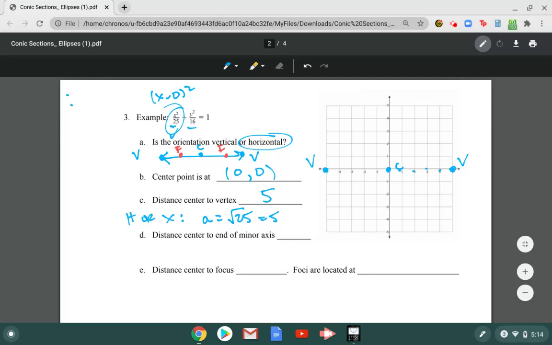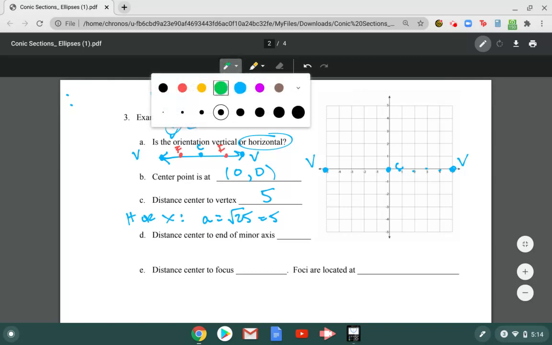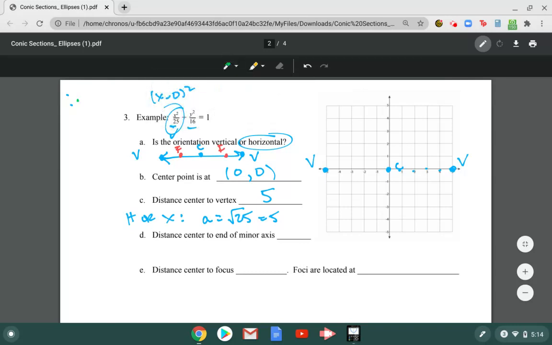Distance to the end of the minor axis. Since this one is horizontal, that means my minor axis is in the y direction. The center is here, and the endpoints I'm looking for are there. To get that distance, I just need the y denominator. b is the square root of 16, or 4.